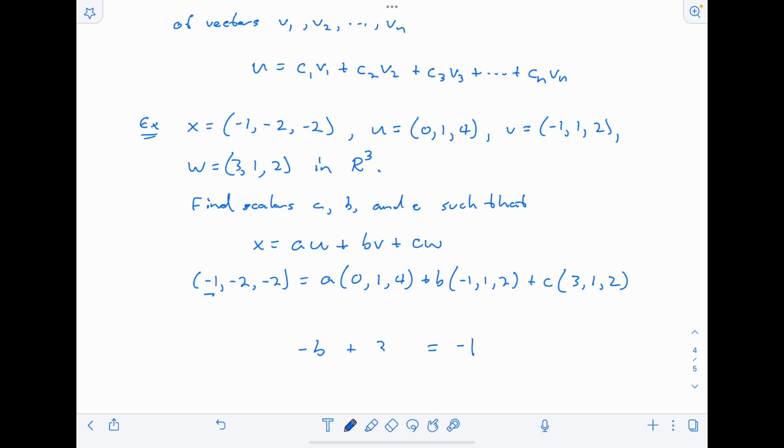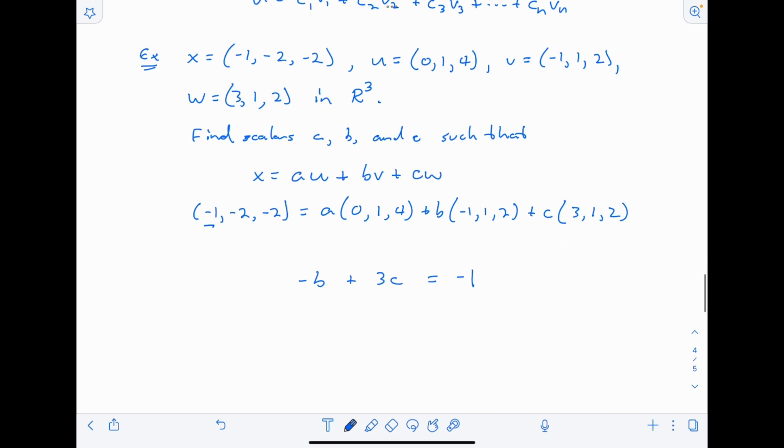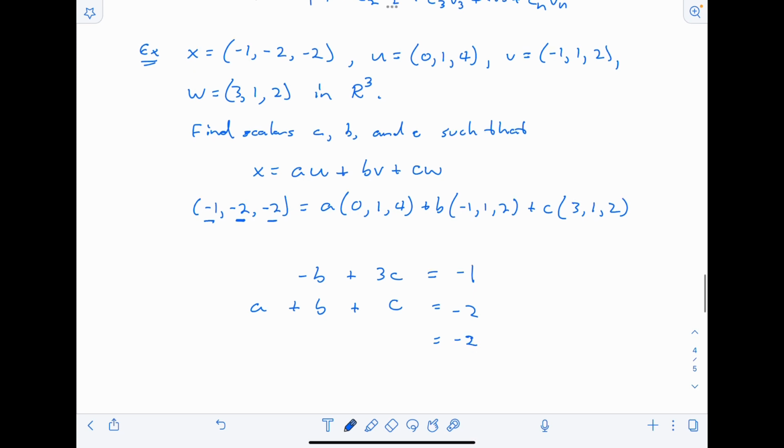And maybe you can already see where this is headed. Now I take my second term, negative 2. Well, negative 2 is the sum of a times 1, or just a, plus b times 1, or just b, and then plus c times 1, or just c. And then negative 2, again, that third position is just the sum of the third positions in our other vectors times their scalars. 4a plus 2b plus 2c.